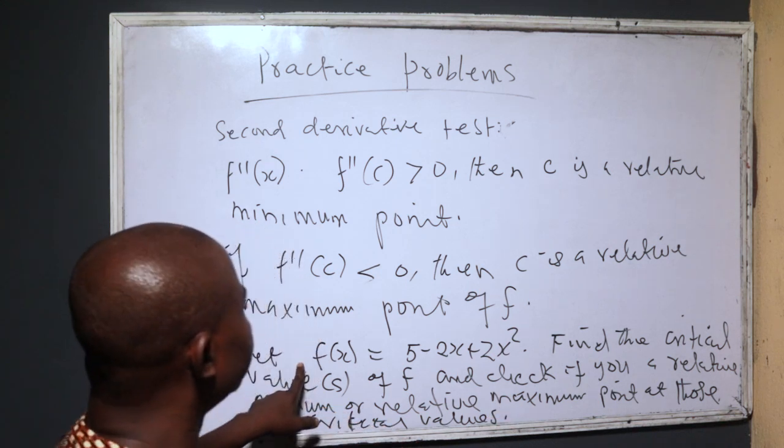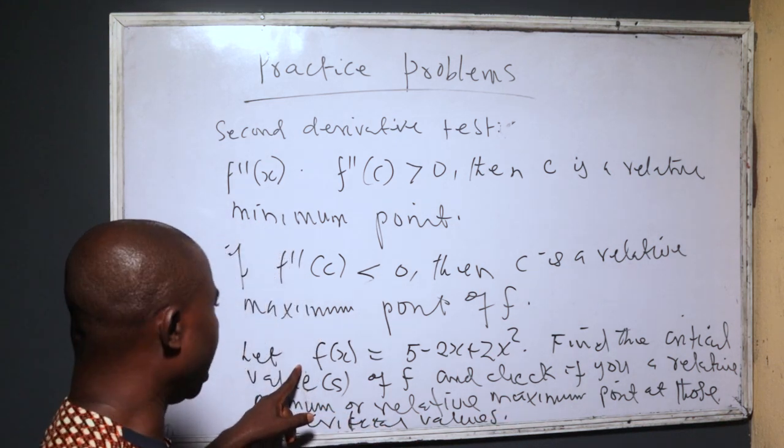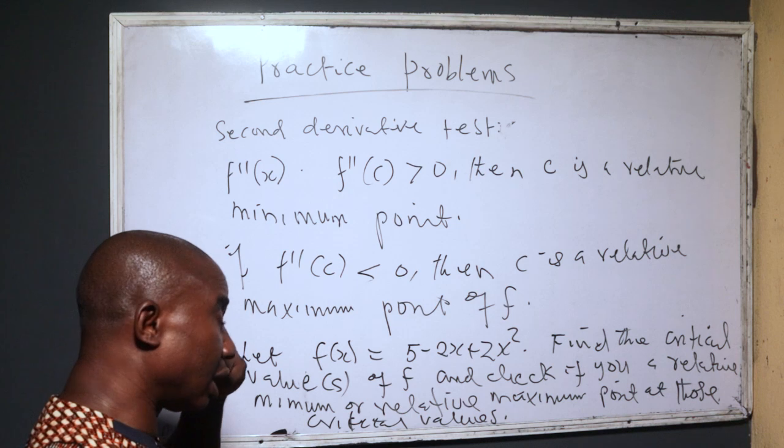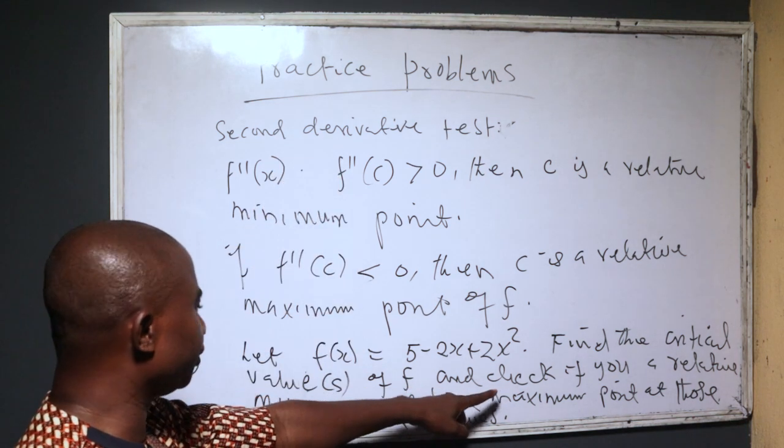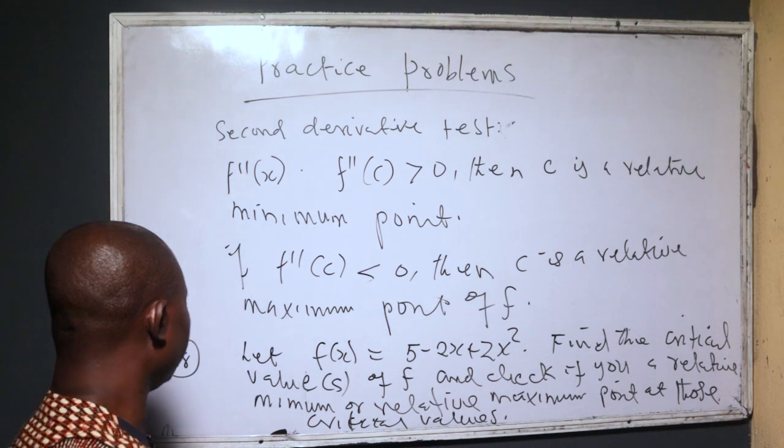So first find critical values of f and try to classify it according to what we have done before, whether it is relative maximum or relative minimum.